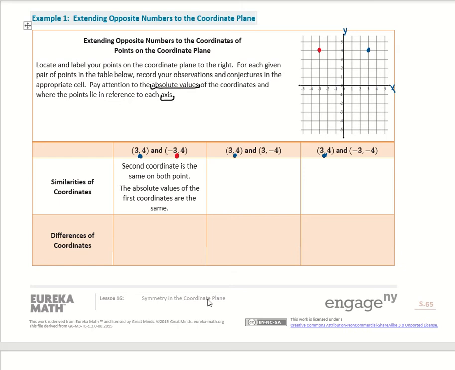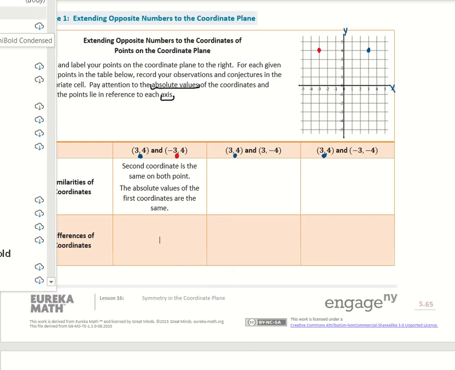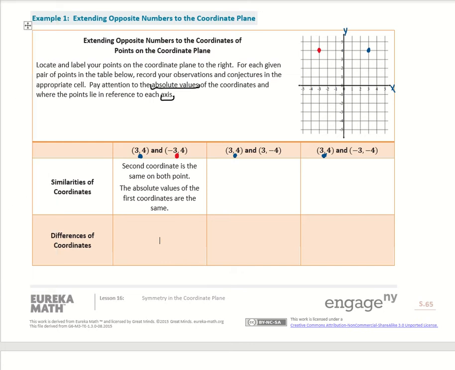And that is that we can see the first coordinates are opposite numbers.